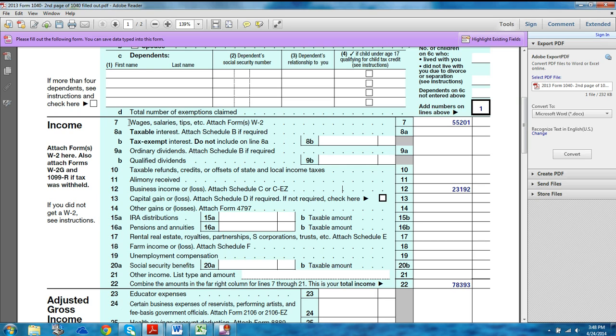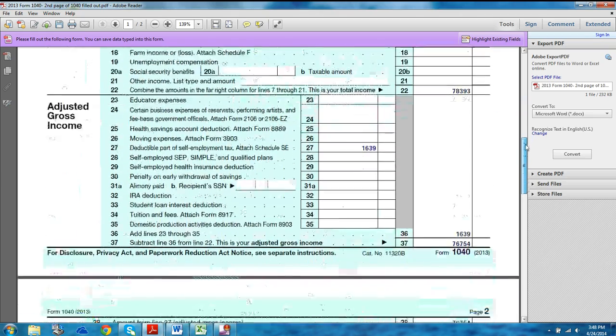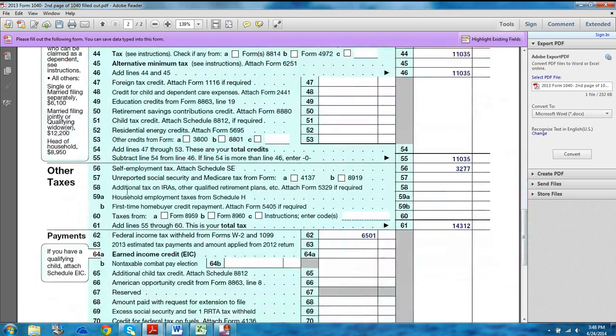Some people just get a W-2, and they're used to just filing it and getting a refund because usually there's enough federal income tax being withheld to cover their wages. Now, if you have a W-2, box 1 would go right here, and your federal income tax withholdings, I think it's box 2, would go down here on page 2, federal income tax withheld from forms W-2, right here.